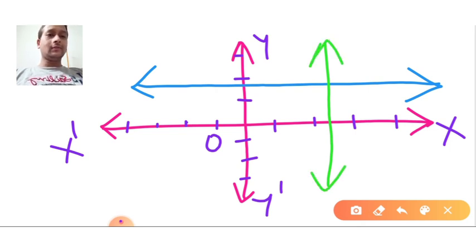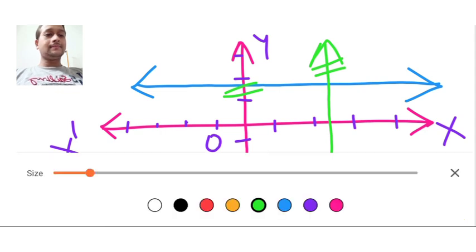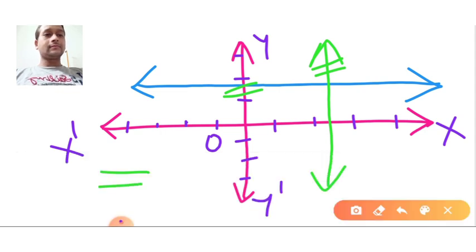We know parallel, we have learned. This line is parallel to this one. Likewise, this line is parallel to this y-axis, and this line is parallel to this x-axis.